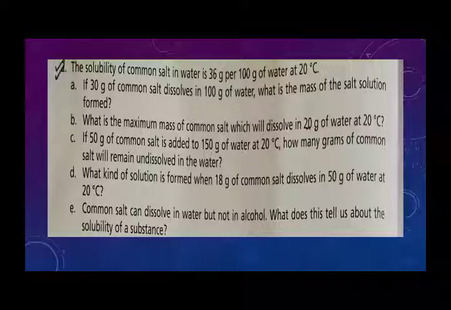Now the questions are. Question A: if 30 grams of common salt dissolve in 100 grams of water, what is the mass of the salt solution formed? What are you going to do for this question? They are saying that if 30 grams of common salt dissolves in 100 grams of water, what will be the mass of the total solution?